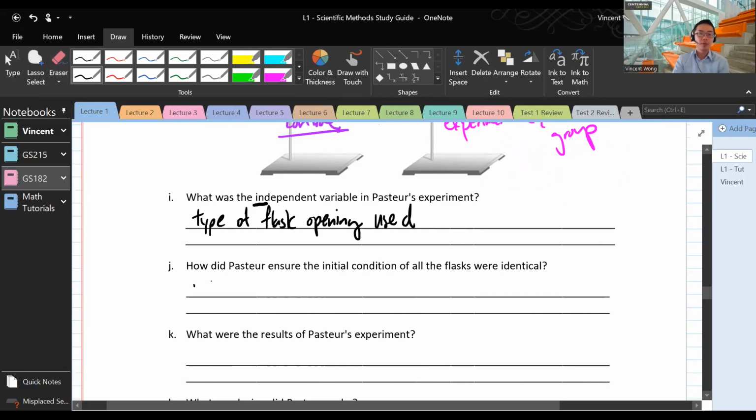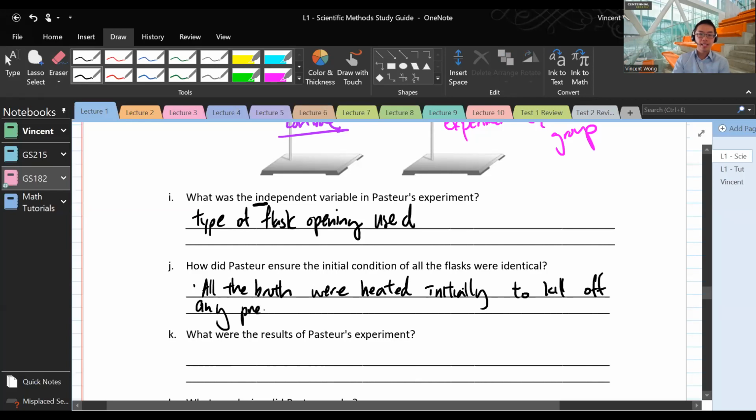So what he did was all the broth were heated initially to kill off any pre-existing microorganisms.